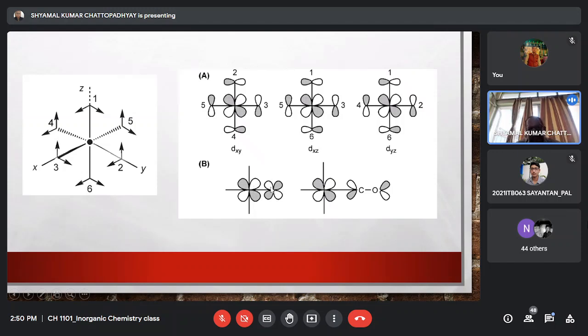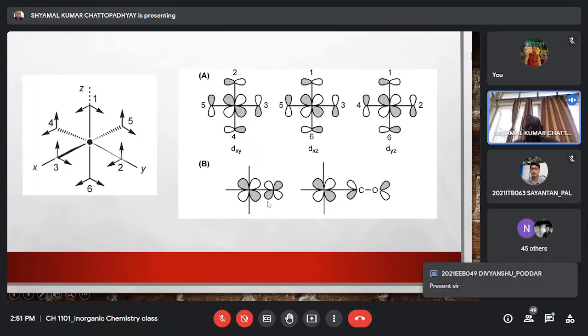That means this is filled up and this is vacant. Or in many cases, there may be the opposite case. That means when we have a metal ion in a low oxidation state, or a metal ion containing many electrons, then the d-pi orbital of the metal may be filled up, and the d-pi orbital on phosphorus or sulfur may be vacant, as is usually the case in phosphine or thiolate.